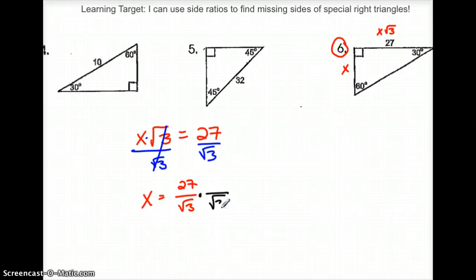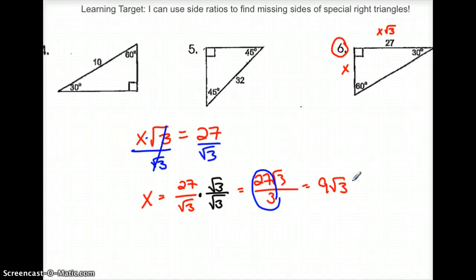Get rid of that square root at the bottom by multiplying by square root of 3 over square root of 3. So this is going to equate to 27 radical 3 divided by radical 3 times radical 3, which is radical 9, which is just a 3. Square root of 9 is 3. So then those reduce to 27 divided by 3. Those reduce to 9, square root of 3.